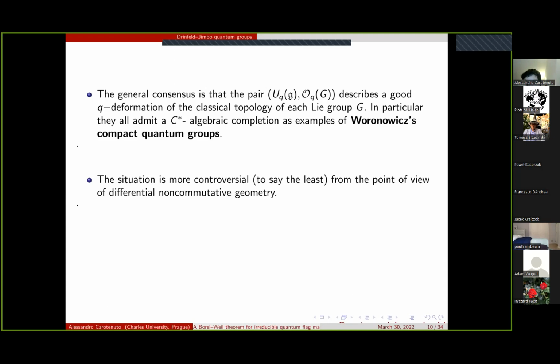Well, this holds from the topological point of view. The situation, as we know, is a bit more controversial, to say the least, from the point of view of differential non-commutative geometry. In fact, there is no known construction of spectral triples for O_q(G). Of course, we want a spectral triple over the coordinate algebra of the group.